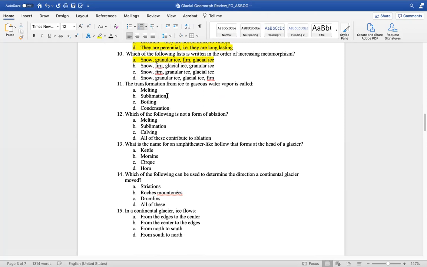So if you've ever lived in maybe the northern United States where it snows frequently, snow, maybe some of it will melt, but then also some of it just seems to disappear, and that's just where snow is undergoing sublimation. It's just going straight into a gaseous state. So B is our correct answer.